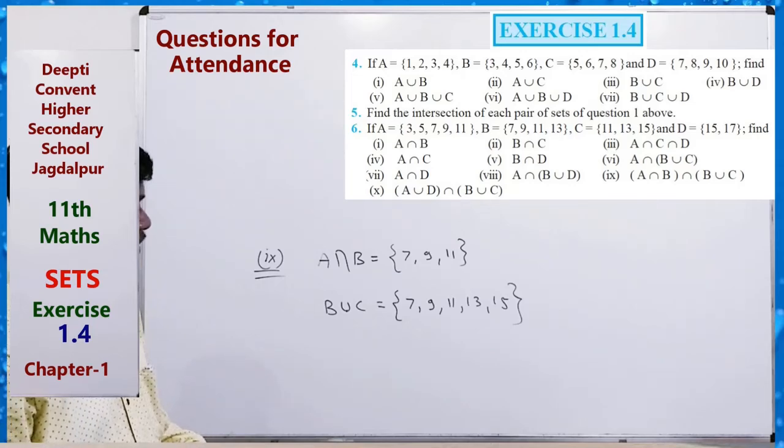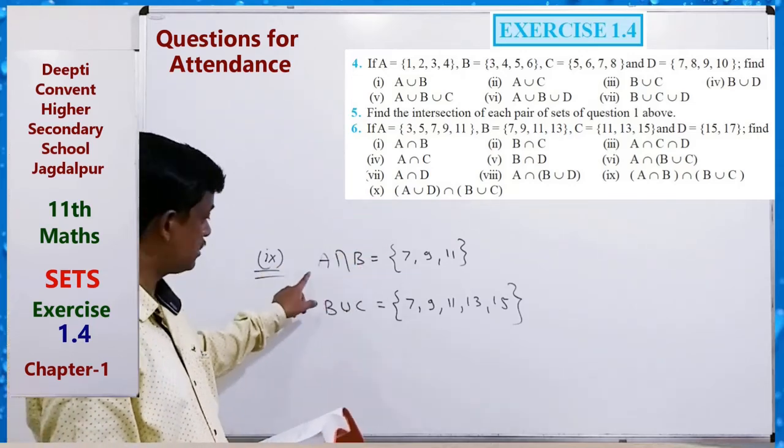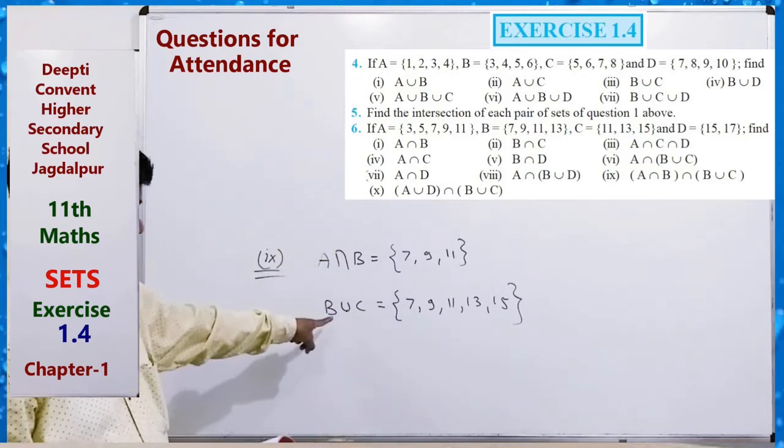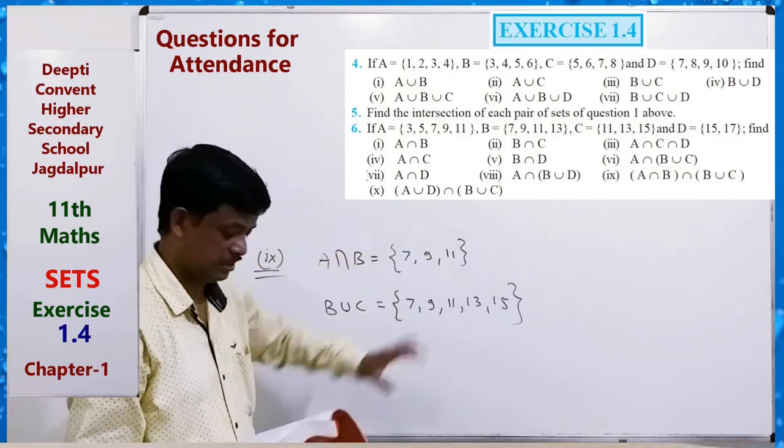Now we have to take the intersection of A intersection B and B union C, the intersection of this and this.